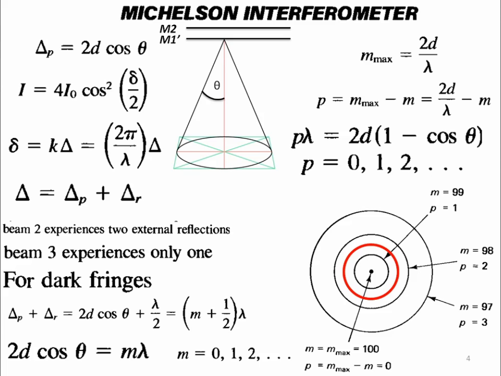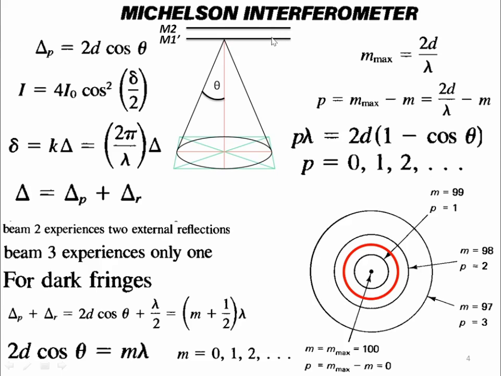If I keep moving this mirror in the same direction, to m2, it will go further in this direction. Initially d was decreasing, so theta should be increasing, which means you should observe the fringes originating from this point and going outward.